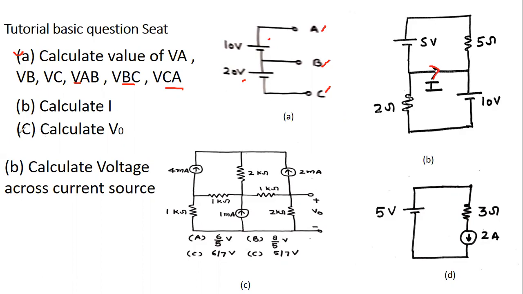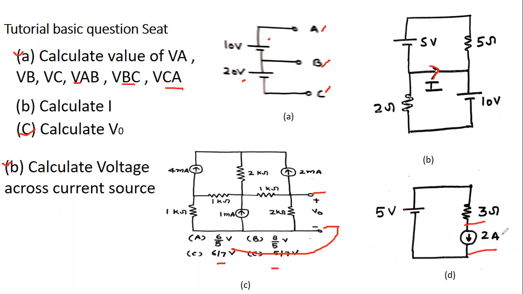Now my third question, C, is to calculate the value of V0. For V0 we have given four options: 6 by 5 volt, 8 by 5 volt, 6 by 7 and 5 by 7. So just calculate the value of V0. And in the fourth question, D, calculate the voltage across the current source.